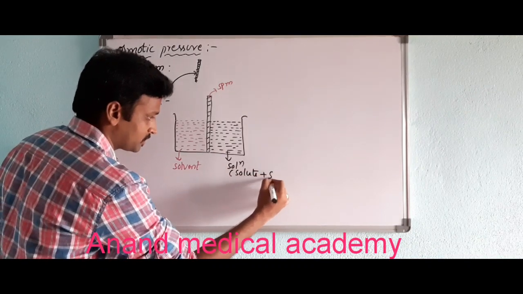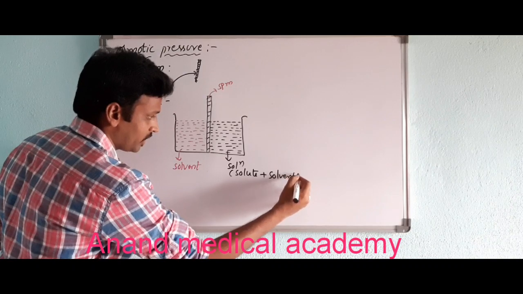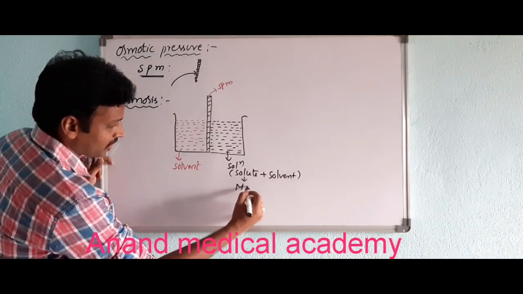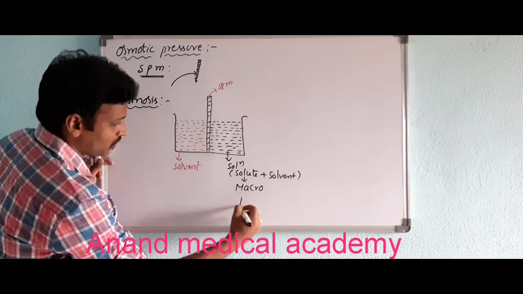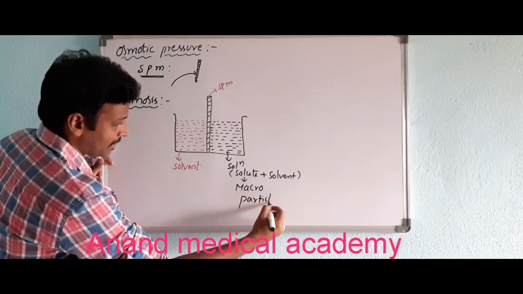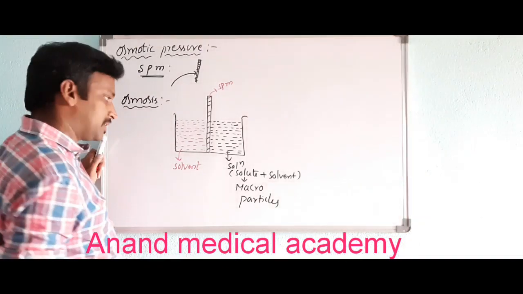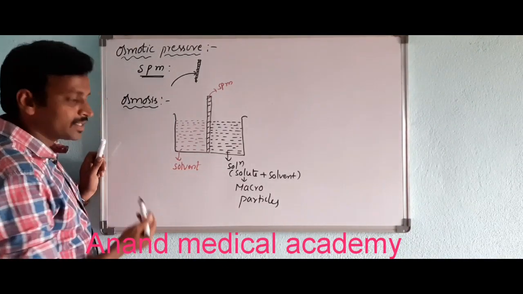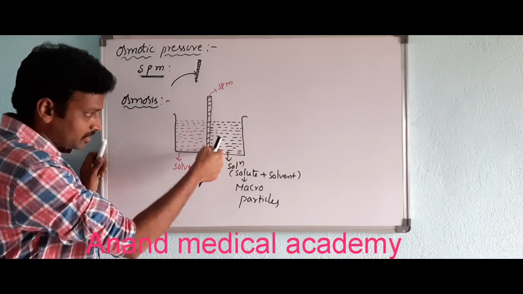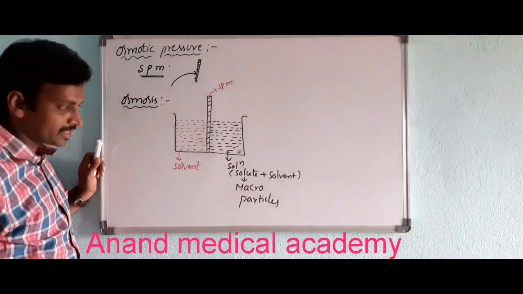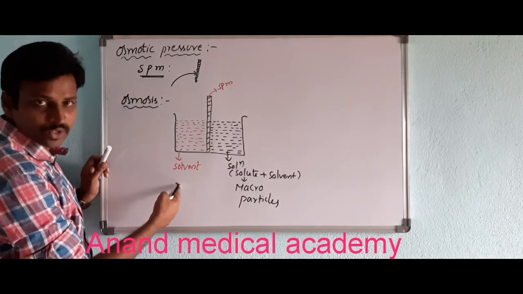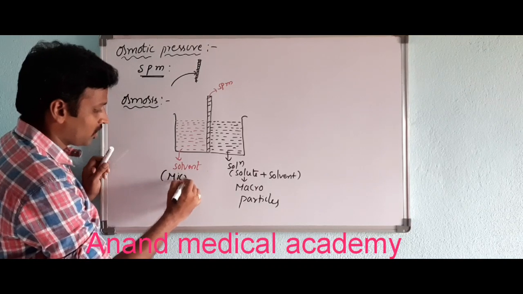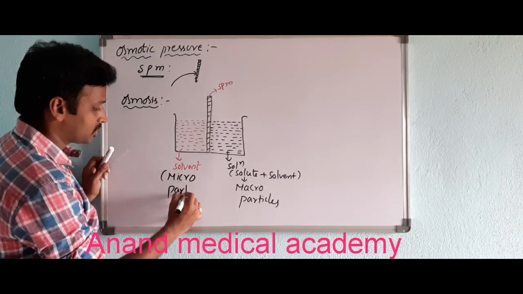The solute has macro particles, meaning big particles. So this solute cannot flow through, and moreover this side will be more concentrated, because here you have only solvent, completely diluted. Solvent consists of micro particles.